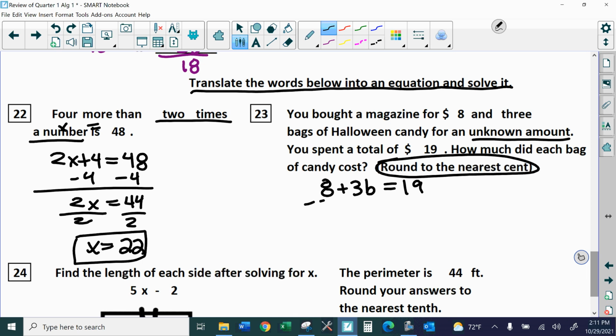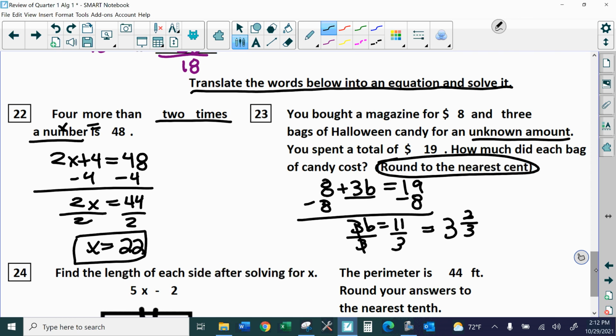So subtract 8 across, because again, the coefficient on the B is positive, so leave it there. 3b equals 11. Divide by 3. Okay, now this is one where you could change to a mixed number. 11 divided by 3 is 3 2/3. So that's $3 and 2/3 of a dollar.